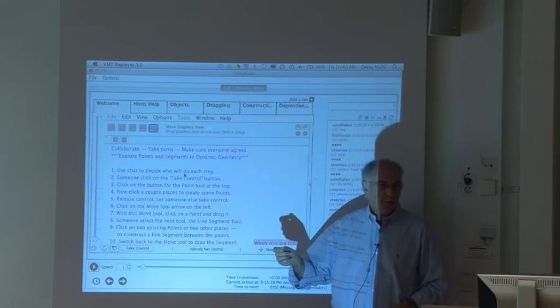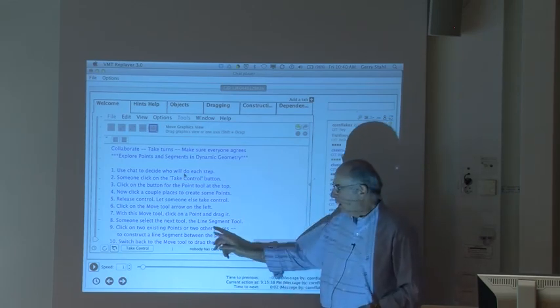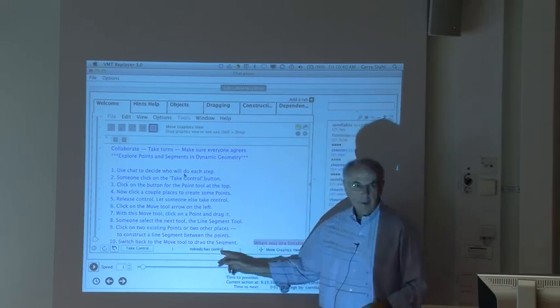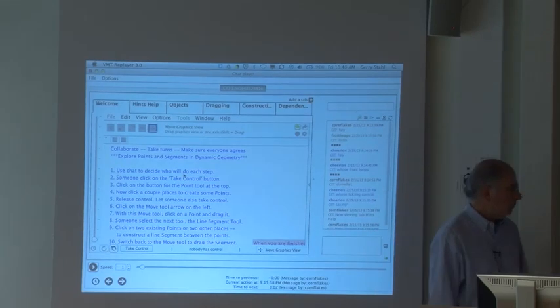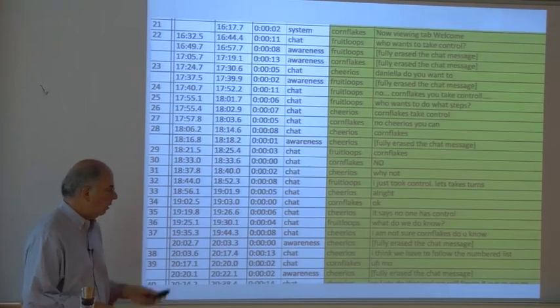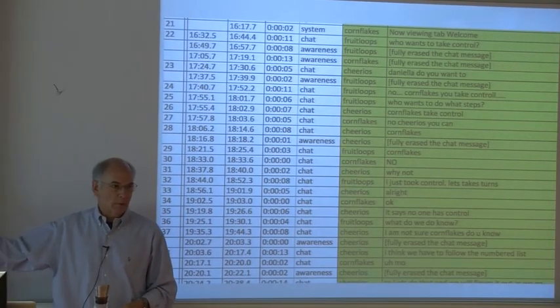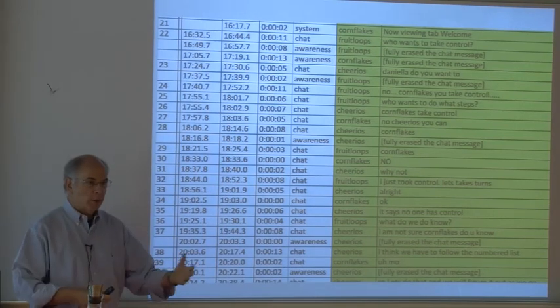When Cornflakes has control, it will say, you have control. But when no one's pressed that button, then it says no one has control. So you can see that they're noticing things about the system and expressing that in the chat.